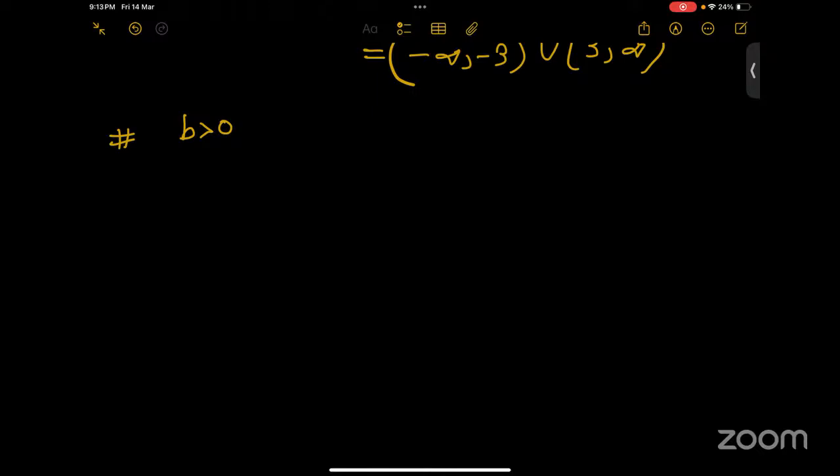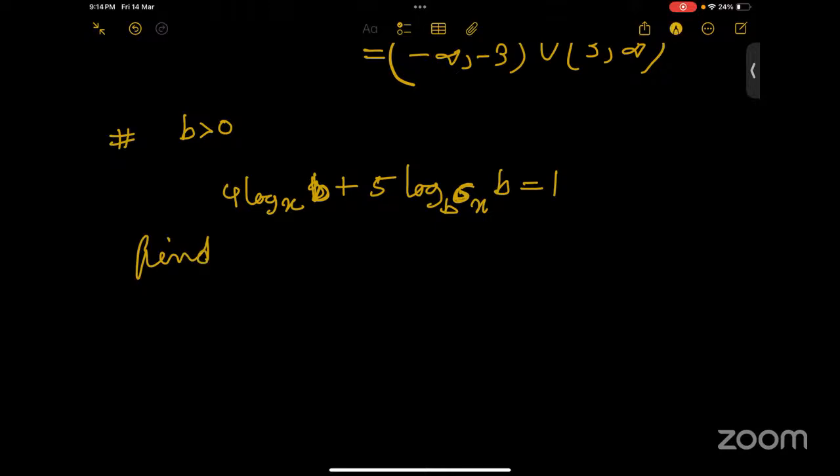If we have this equation, find the value of x. Okay, this is what you have been given, and from here you have to find the value of x. I'm giving you some time to solve this. You just solve this and let me know the answer.